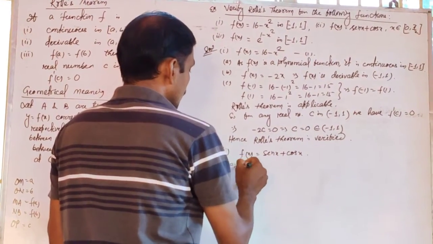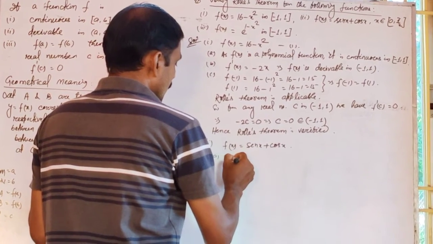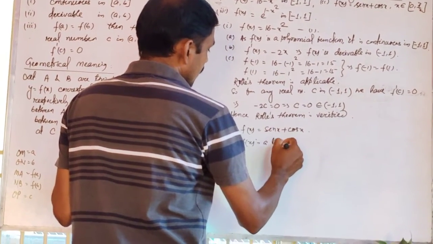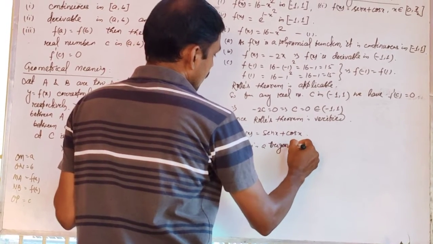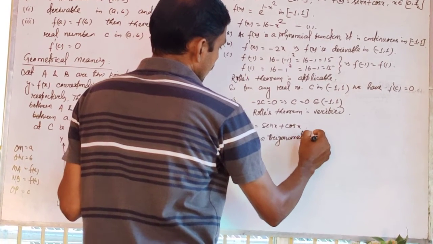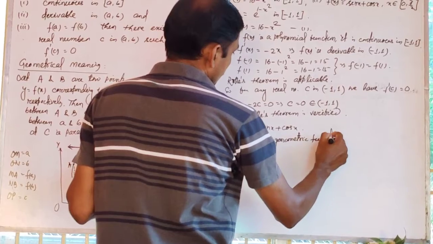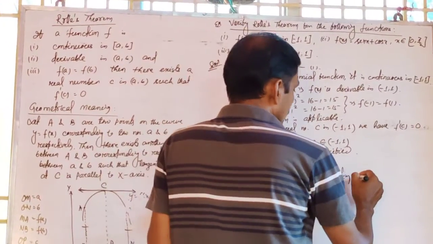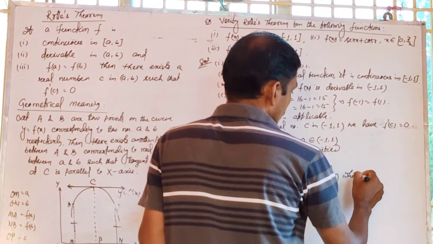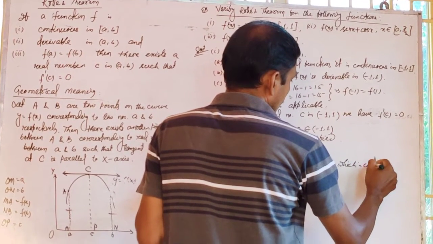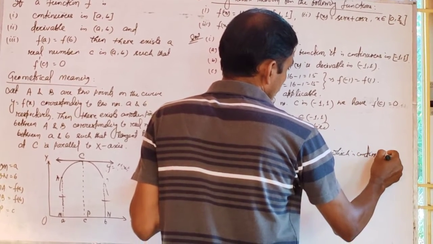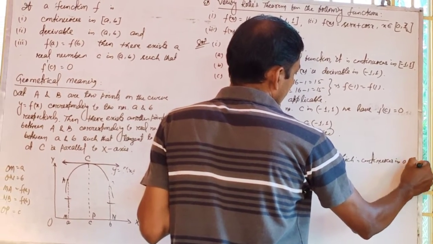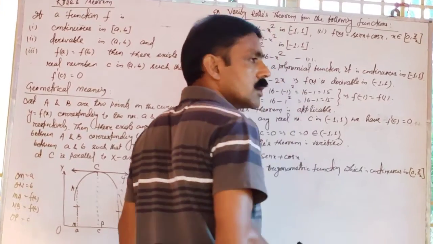So here also f of x is a trigonometric function, which is continuous in the closed interval 0 to pi by 2.